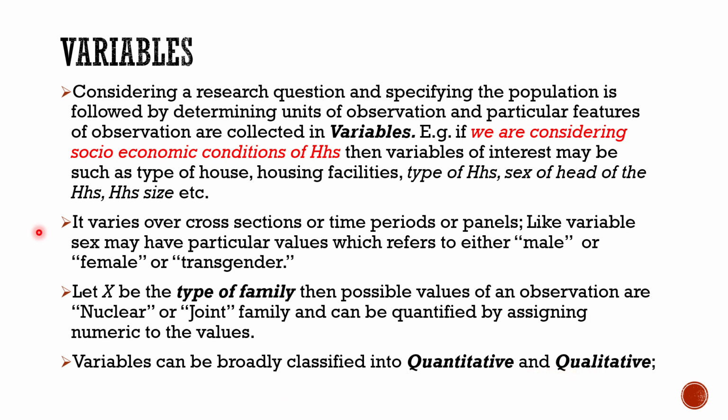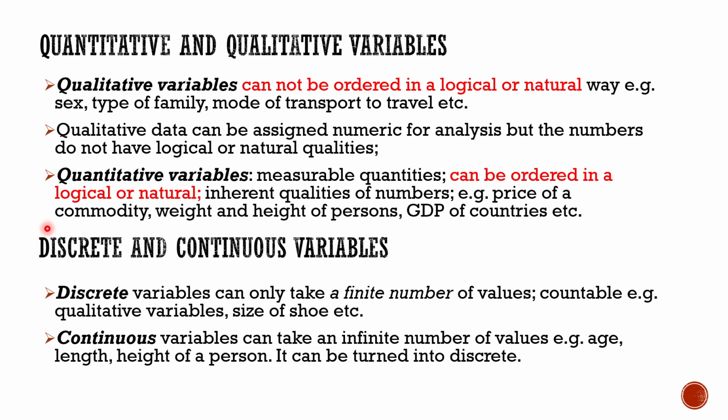Now we'll get to know what actually qualitative and quantitative variables are. First of all, the qualitative variables cannot be ordered in a logical or natural way. For example, sex, type of family, mode of transportation.